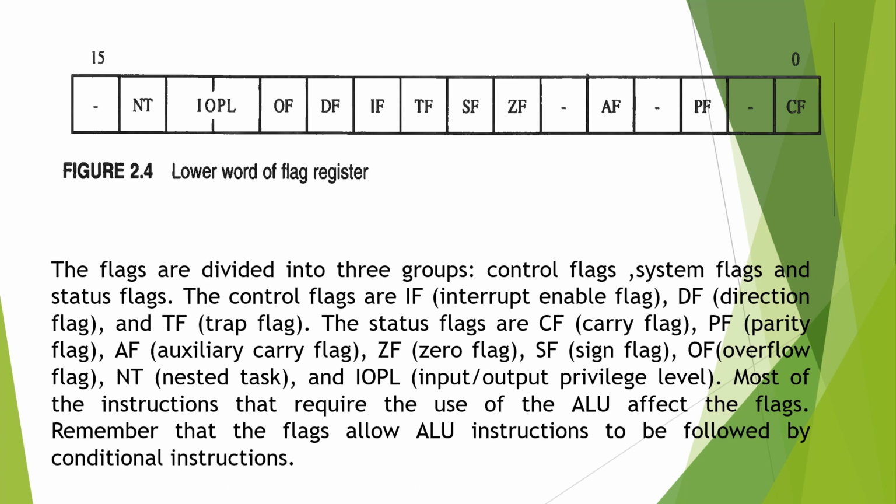Most of the instructions that require the use of the ALU will affect the flags. After execution of any particular instruction in the ALU, it will set or reset the flag bits in the EFLAGS register. And remember that the flags allow ALU instructions to be followed by conditional instructions.